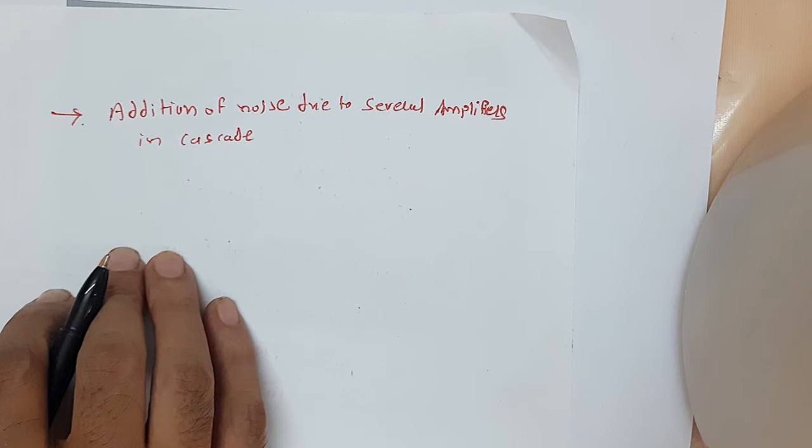Admittedly, there is nothing wrong with such a procedure, but the result is useless, because it is not important to find the total output noise voltage; the important thing is to find the equivalent input noise voltage.